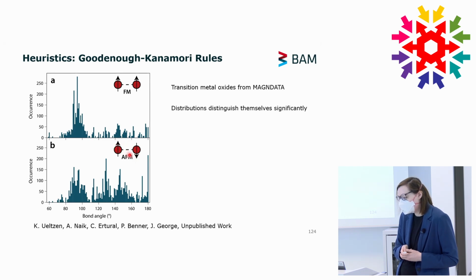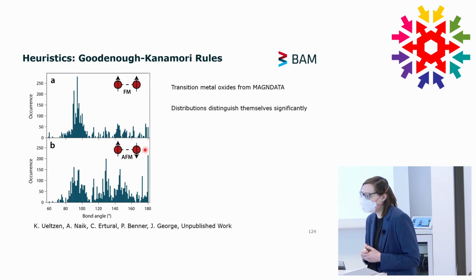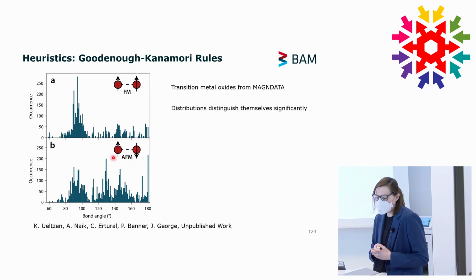Of course, you can imagine as these good enough Kanamori rules are based on superexchange, other exchange mechanisms might play a role here. And that's why the picture for the antiferromagnetic case is not that clear. So you also have still a peak around 90 degrees and higher bond angles showing up.